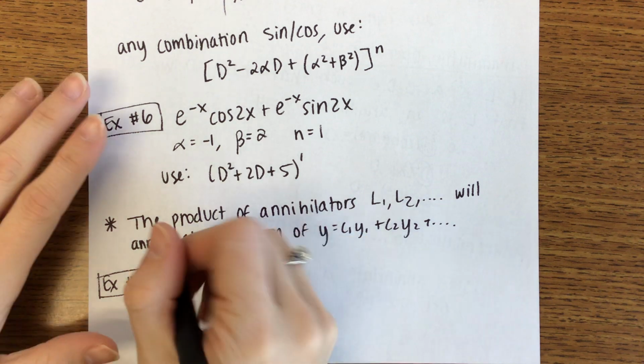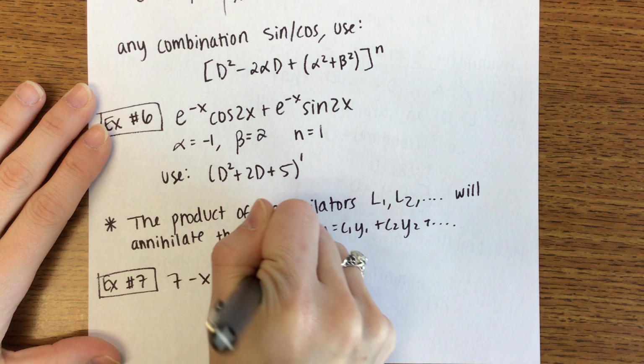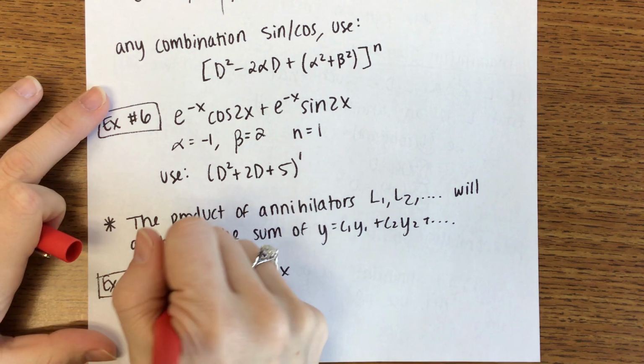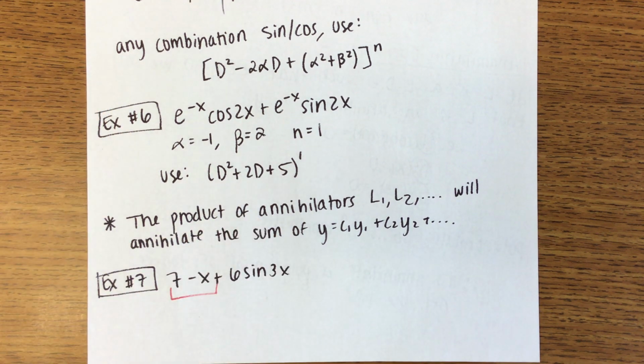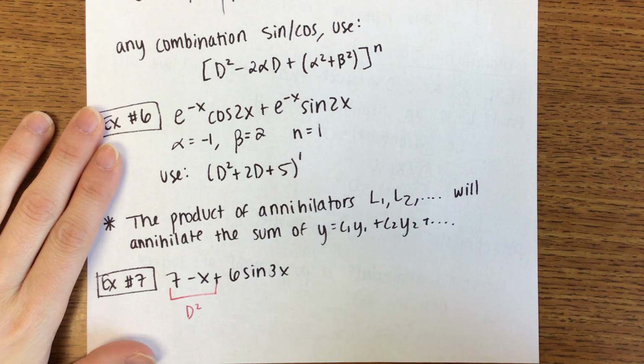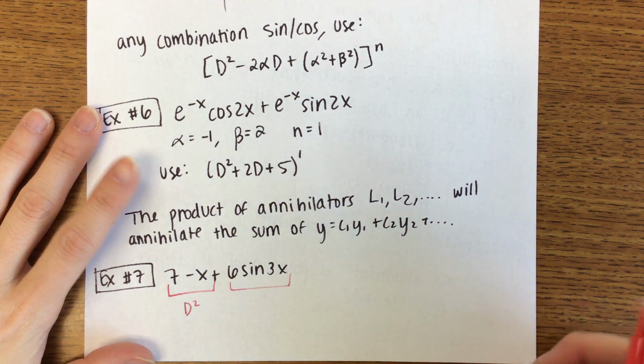Okay, example 7. We have 7 minus x, add 6 sine of 3x. Okay, you should be able to tell you can't pick one annihilator for the entire sum. What will annihilate those 2 terms? D squared. This will be what we just did above.